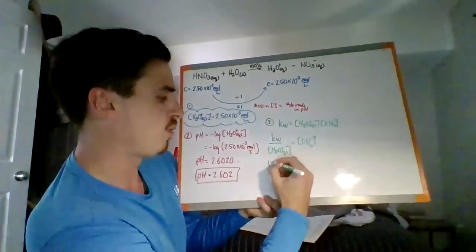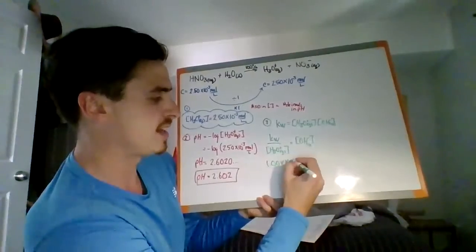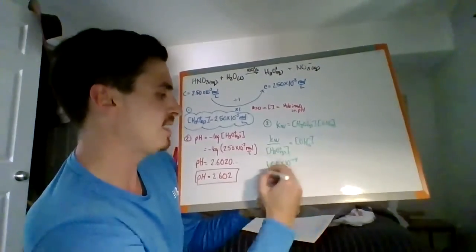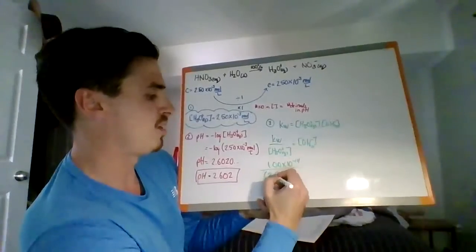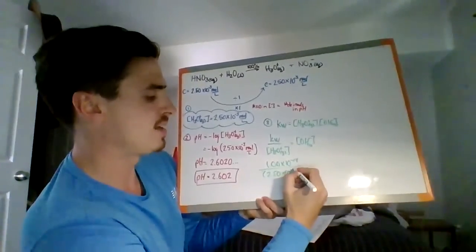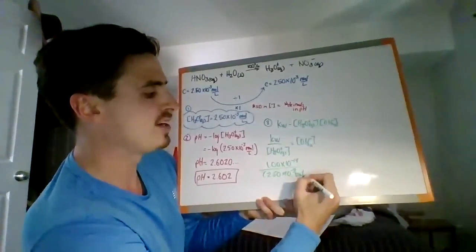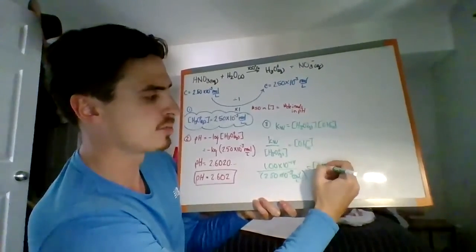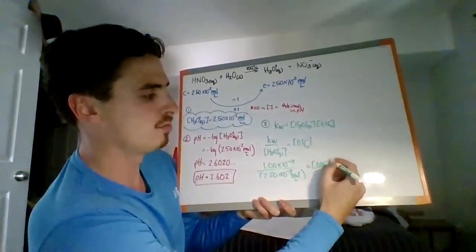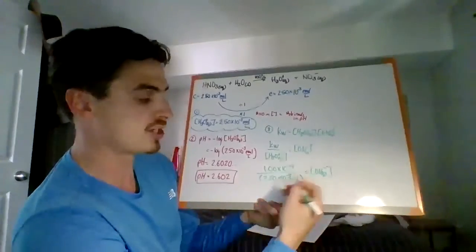So I'm going to do 1.00 times 10 to the negative 14 divided by 2.50 times 10 to the negative 3. Units are a little weird here, okay? We know the concentration has moles per liter. So we're just going to assume that the concentration units stay moles per liter.